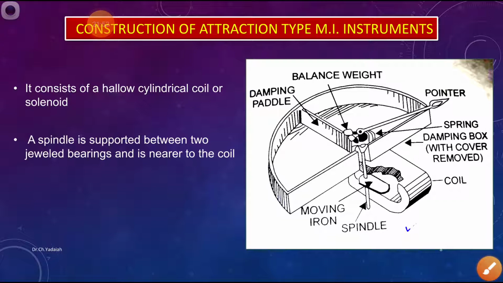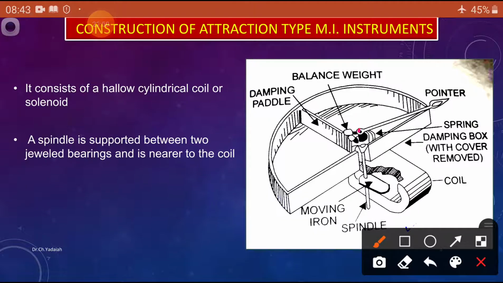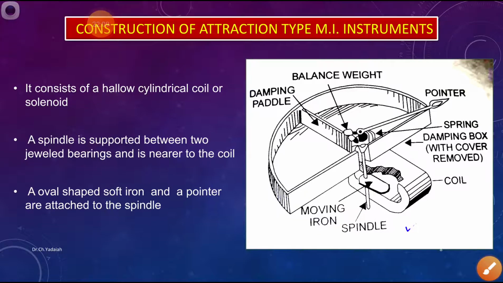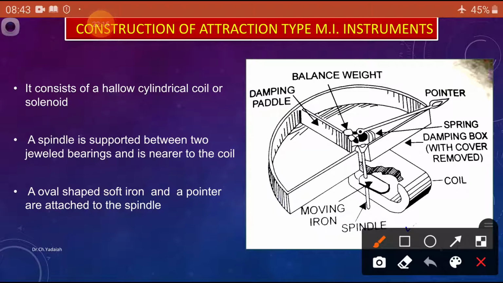Now, a spindle is supported between the two jeweled bearings and is near to the coil. So here top and bottom we provided the jeweled bearings. The spindle is this one. An oval shaped soft iron, a pointer, is attached to the spindle. So you can see the moving iron, oval shape.